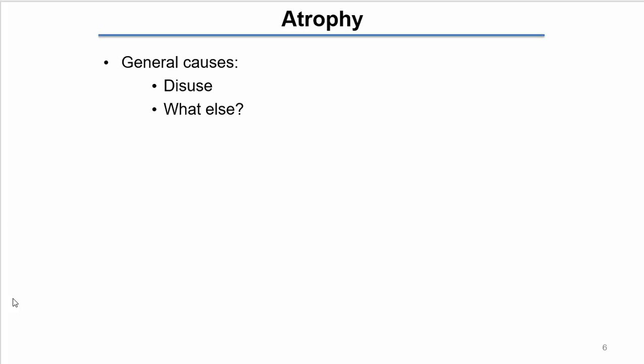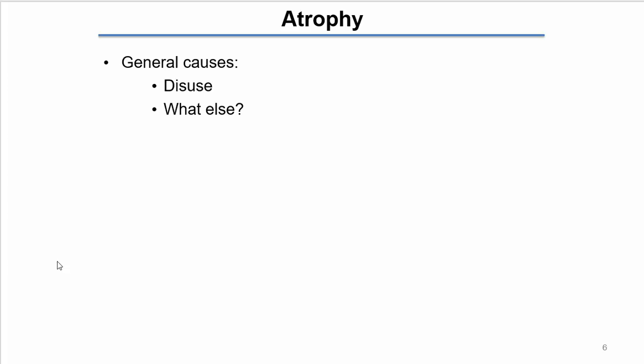Normal functioning of motor neurons, the periodic firing of those neurons, as we learned in A&P, is important for muscle tone, and muscle tone is what prevents atrophy. So that's loss of motor neurons, problems with innervation. Mechanical compression can lead to this, and decreased workload can lead to it.